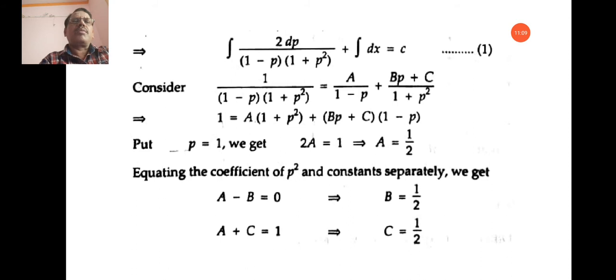And also compare the constants on both sides. In the LHS it is 1, in the RHS it is A plus C. So C is also equal to 1 by 2. In this way, we resolve the equation into partial fractions and then substitute these values of A, B, C in the above equation.